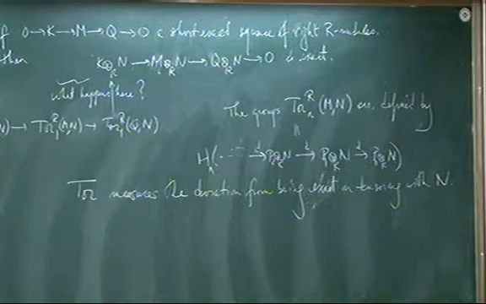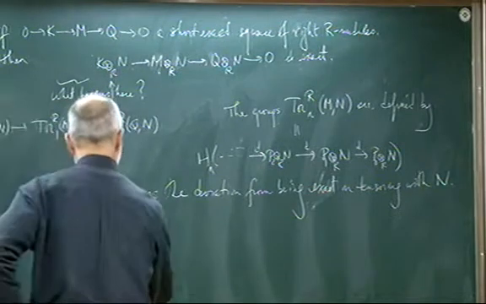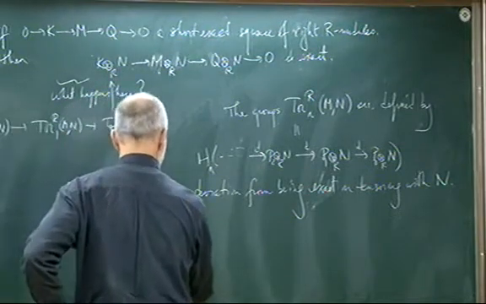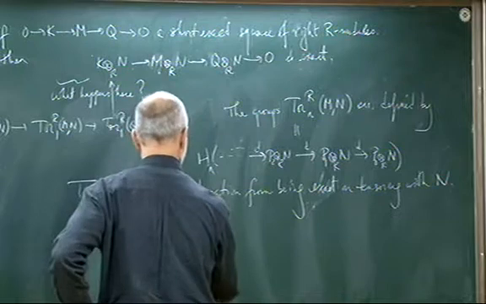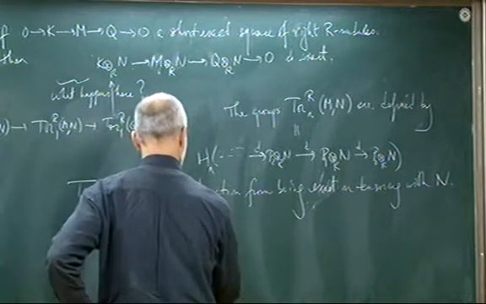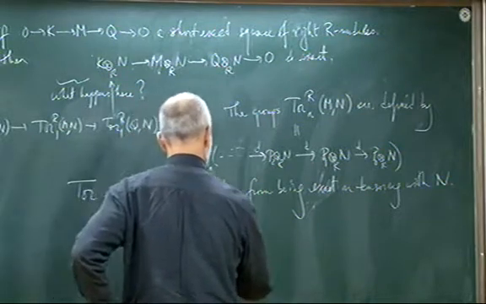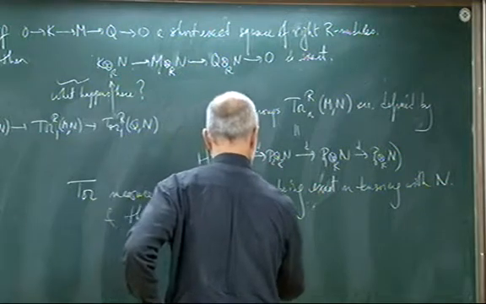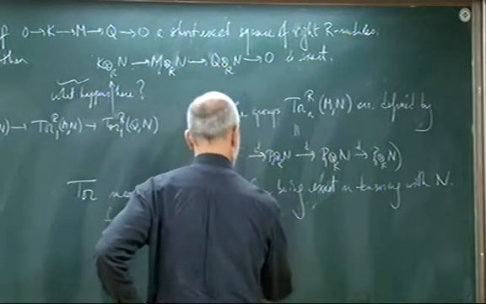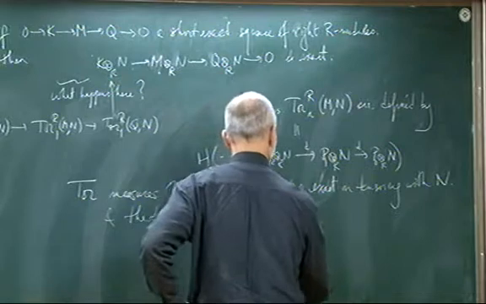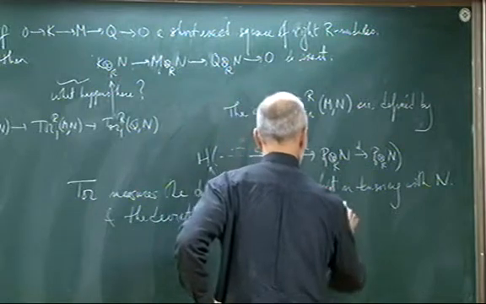So Tor is measuring the deviation from being exact and the deviation from M being projective.